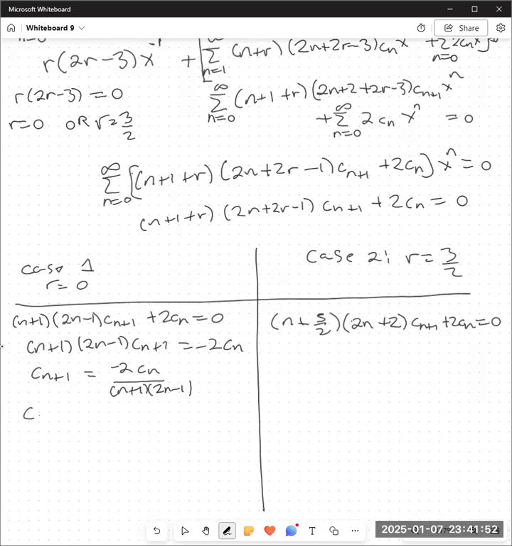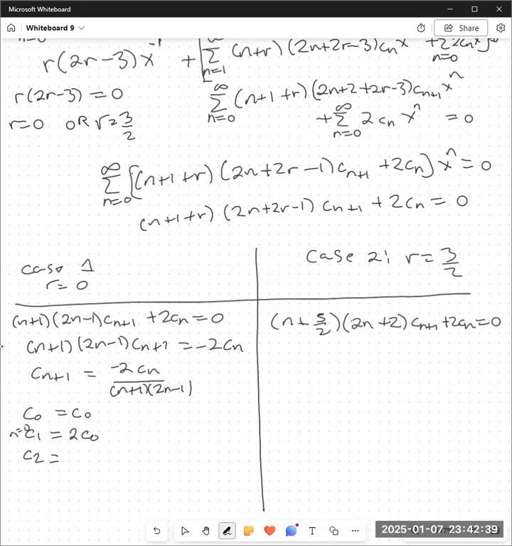So c0 is equal to c0. c1 is going to be 2c0. c2 is going to be 4/9 c0. Let me go ahead and work that one out for you. This one was pretty straightforward. Sorry, with this is n equals 0.